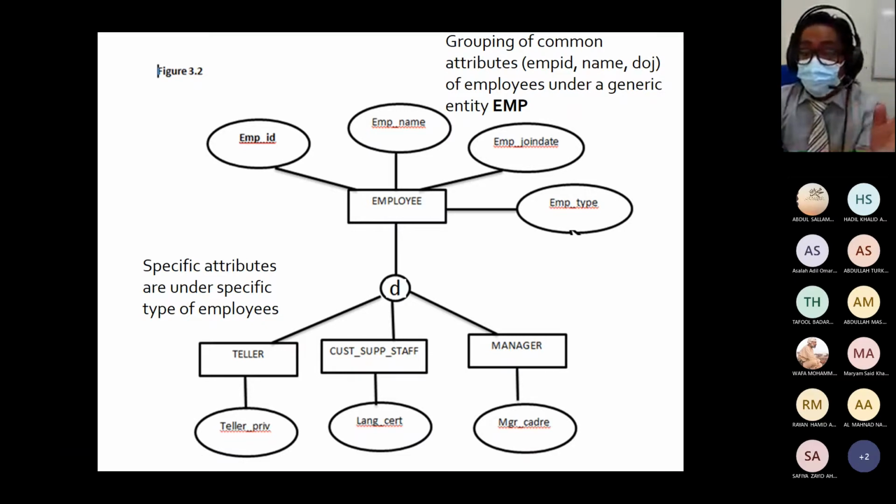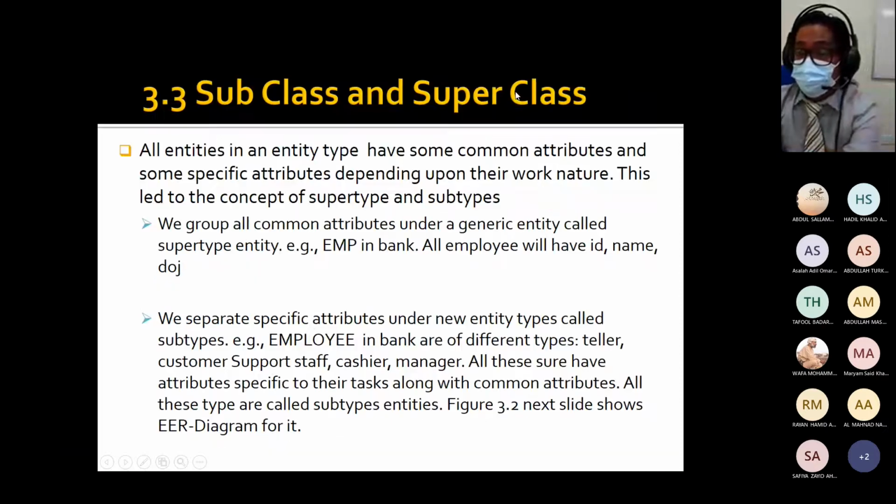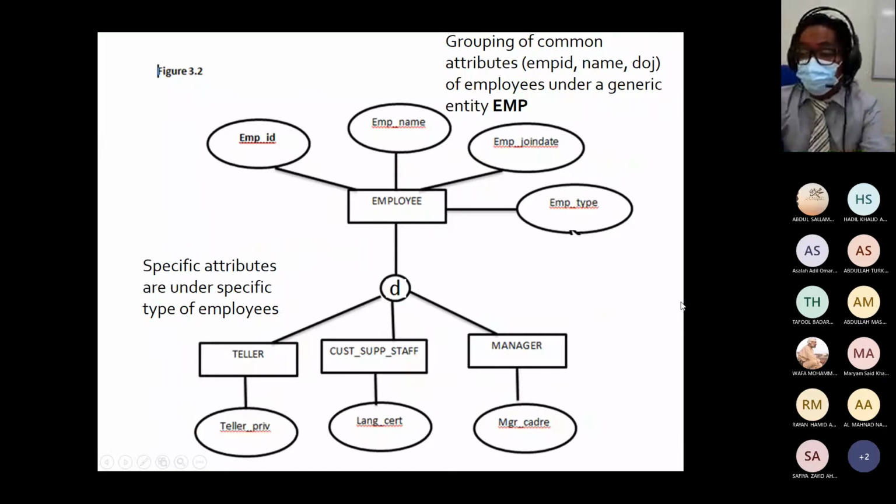Actually, if we specify the attributes under those specific types of employees, this is what we now call subclass, or we call that one subtypes. And what are those?